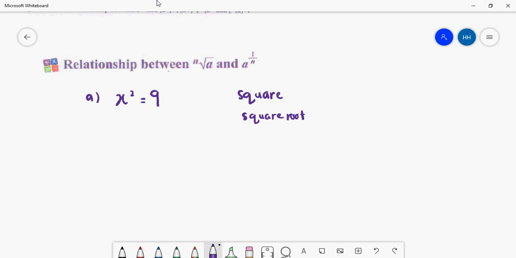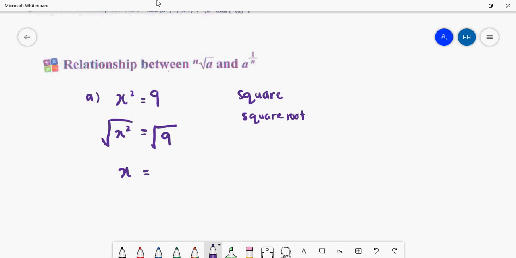You put the square root at the left hand side, and when you put square root at the left hand side, you also must put square root at the right hand side. So this equals x. Why does it become x? Because you already eliminated the square by using the square root.